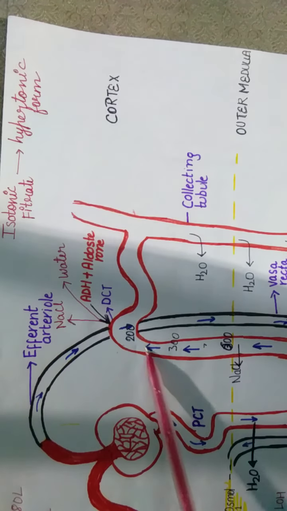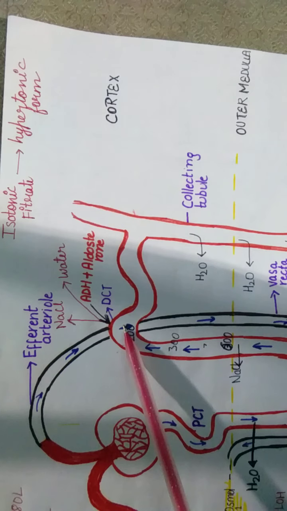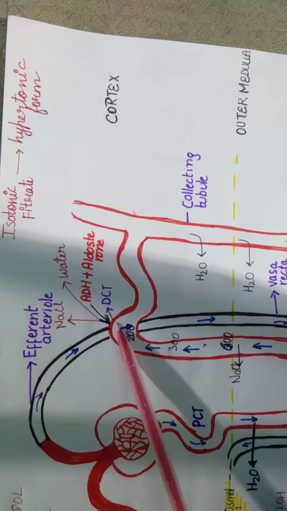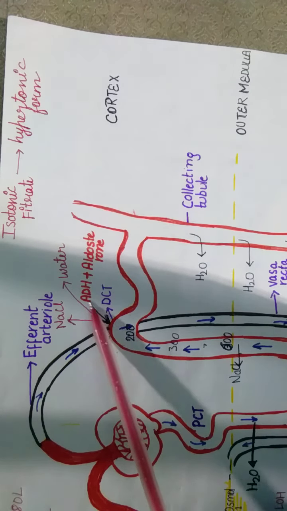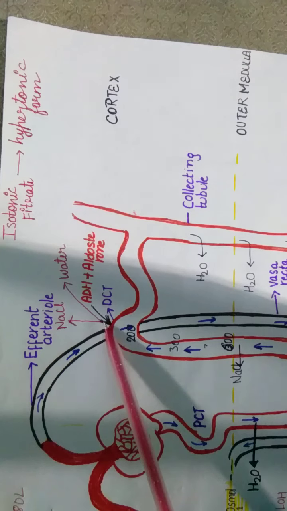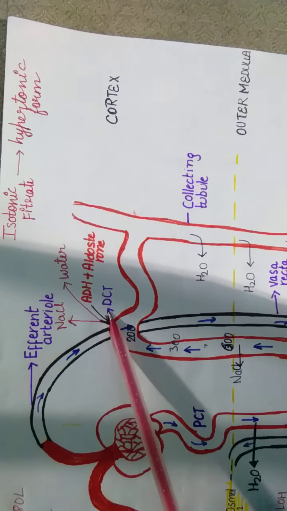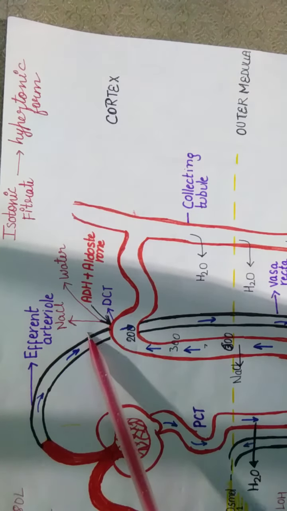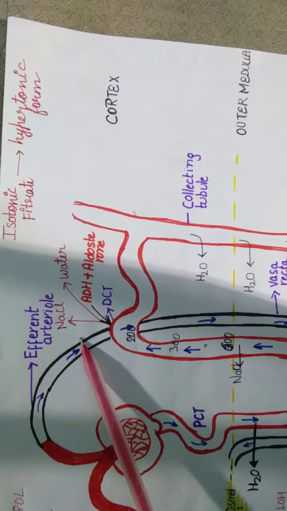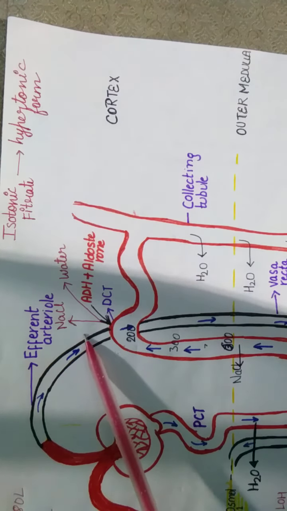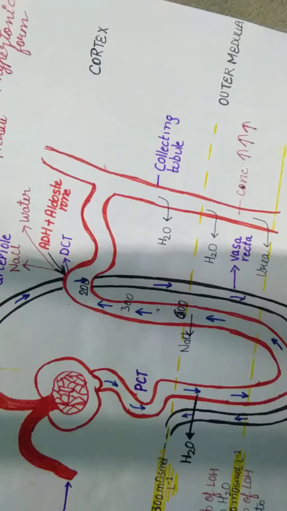Now as the filtrate reaches the DCT, because of deficiency of water in the body, two hormones act on the DCT, that is ADH and aldosterone, and these hormones will lead to reabsorption of NaCl and water. That's why it is said that in the DCT conditional reabsorption of water takes place.